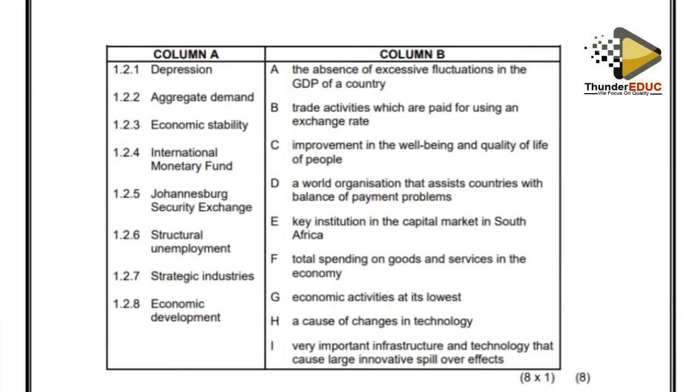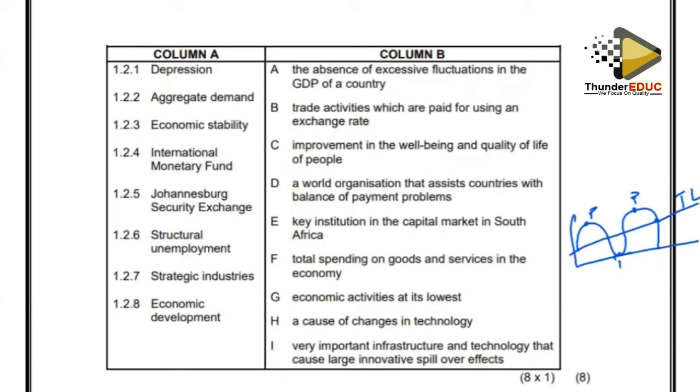What is this depression? If you still remember, we dealt with the business cycle, and on the business cycle we have a trend line, which we said measures the long-term economic growth in that particular country. We also discussed the turning points: this is a peak, and this is a trough.